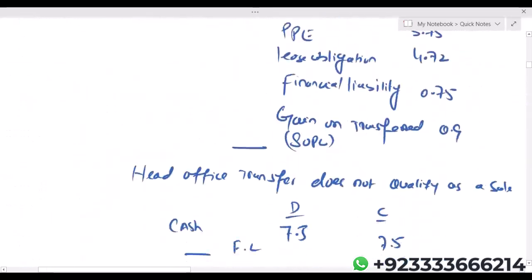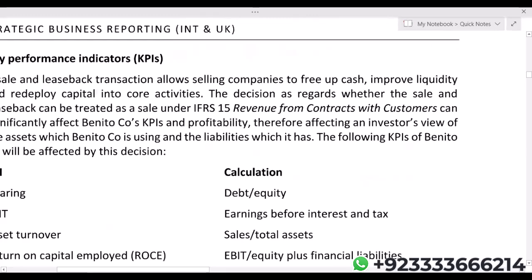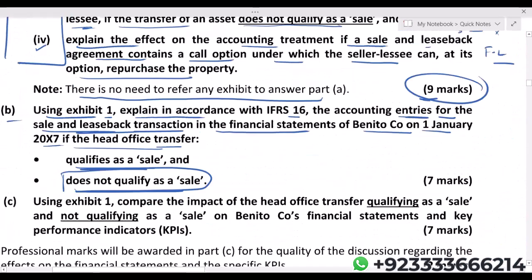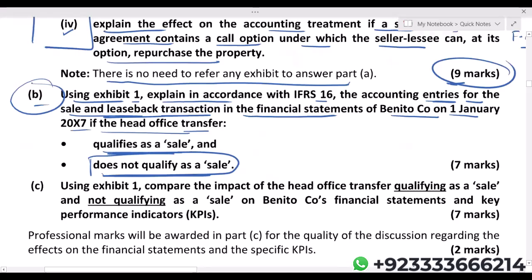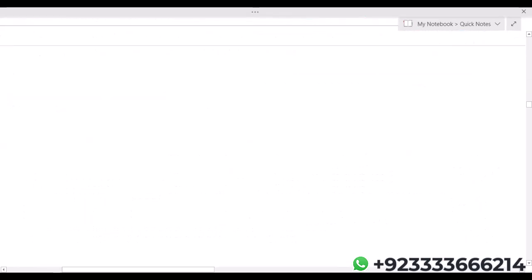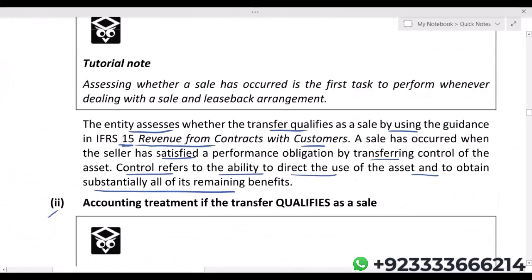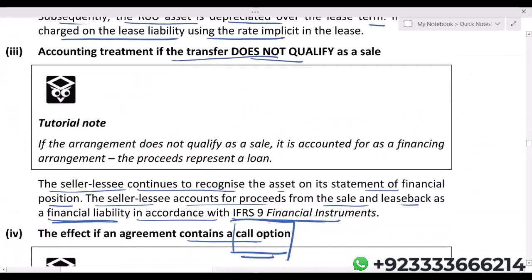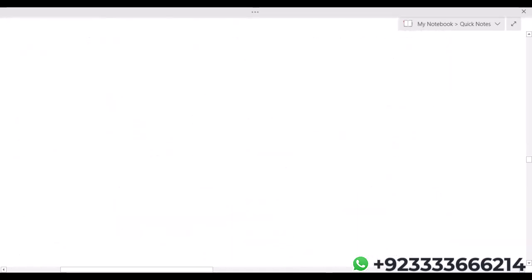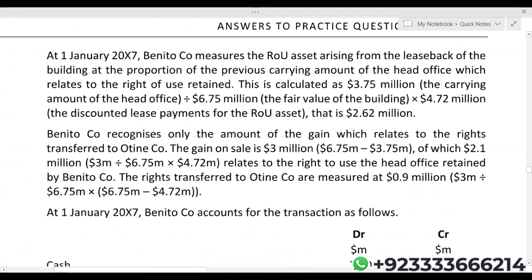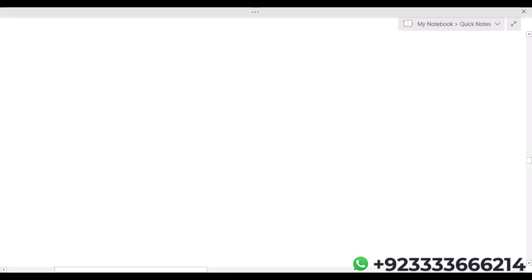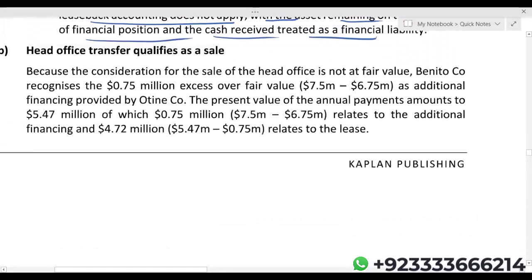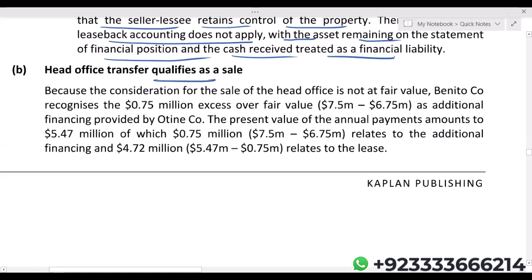Now let's see what examiner has done. We are talking about this B, okay? Head office transfer qualifies as a sale because the consideration for the sale of the head office is not at a fair value.